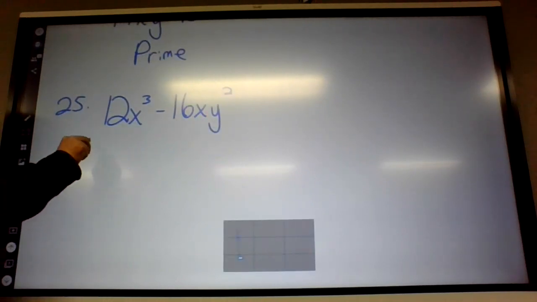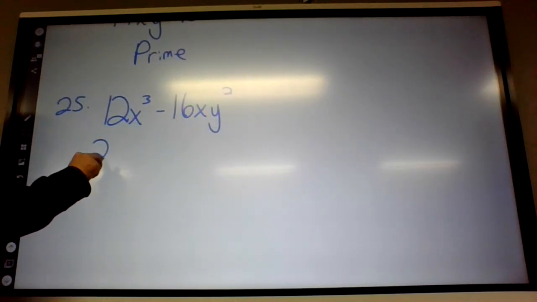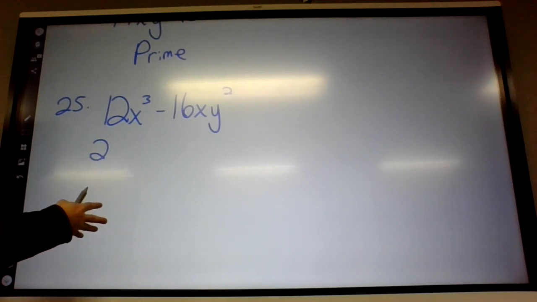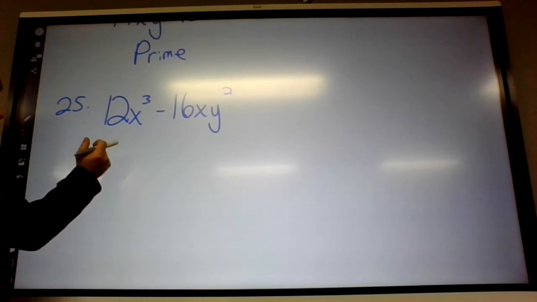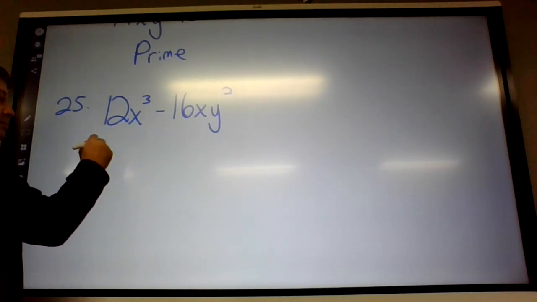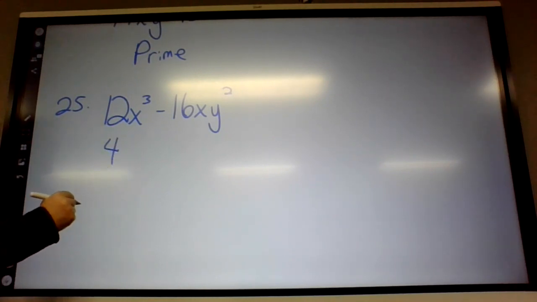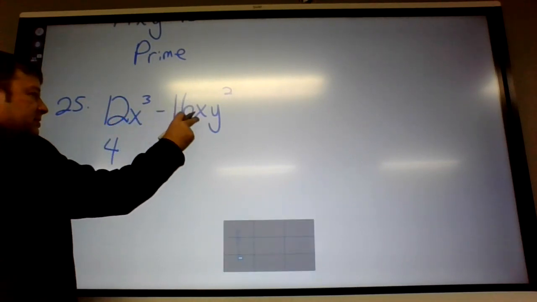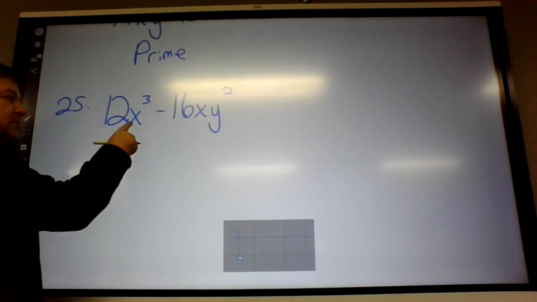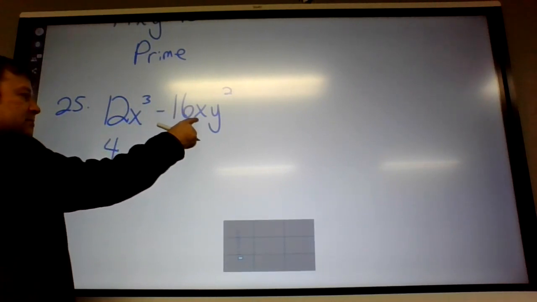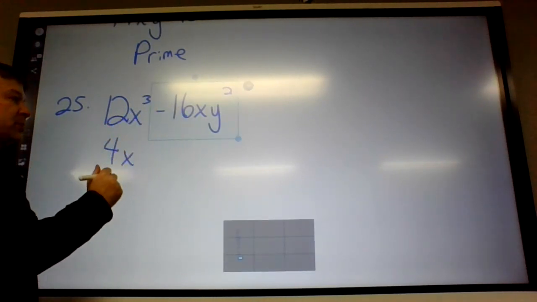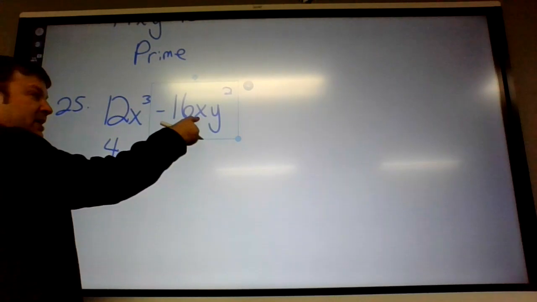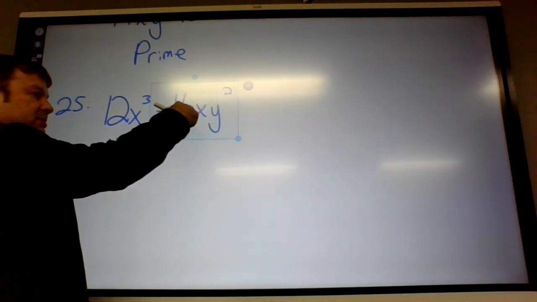Now, somebody might say 2, which is technically correct, but you gotta take the biggest number, the greatest common factor. You gotta take the biggest one you can. I'd probably give you half credit for taking the 2 out, maybe. And then, how many x's can we take out? 1. Because they both have 1. If I try taking 2 x's out, it's not gonna work over here.